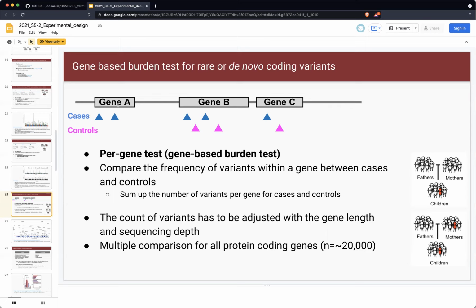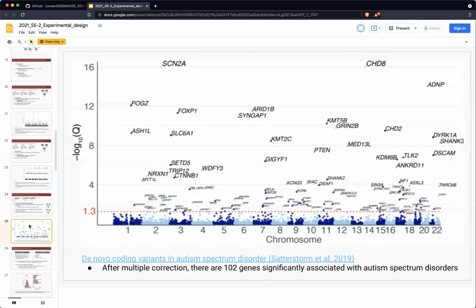And in this experiment, if you do the multiple comparison, then you basically use the number of genes in the human genome. One example is the number of de novo mutations from autism cases compared to unaffected controls, right? You basically count the number of de novo mutations happening in cases versus controls, and then you calculate the statistics out of that.